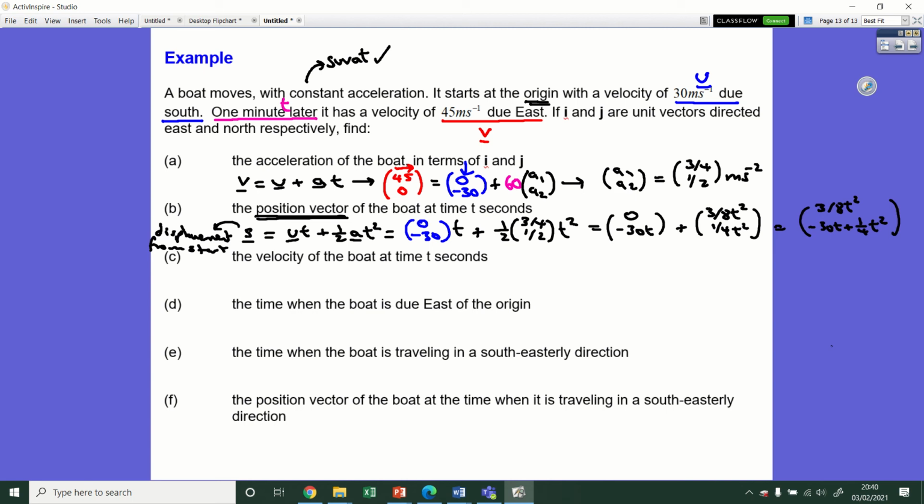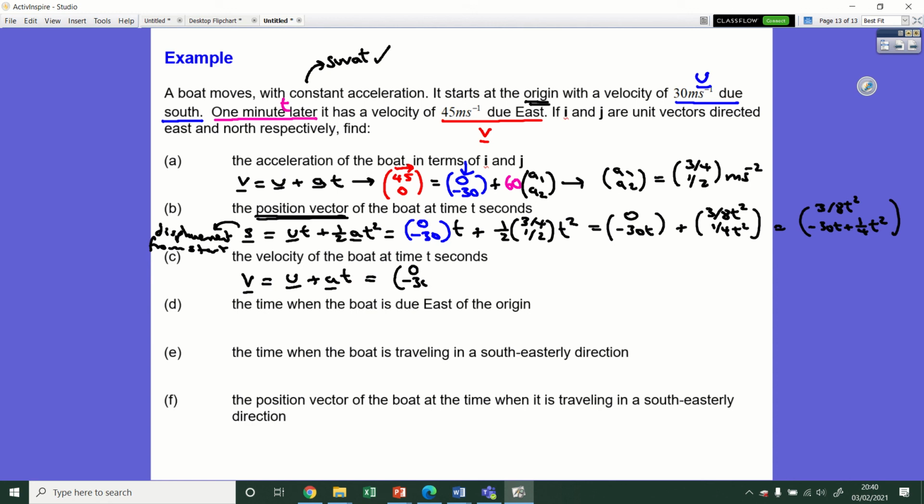Okay, great. For C, the velocity of the boat at time t seconds. I just need some way of writing down the velocity with t seconds, but that's clearly going to be done by using this equation from part A again. So my velocity is u plus at. That is going to be u, again, 0, minus 30.